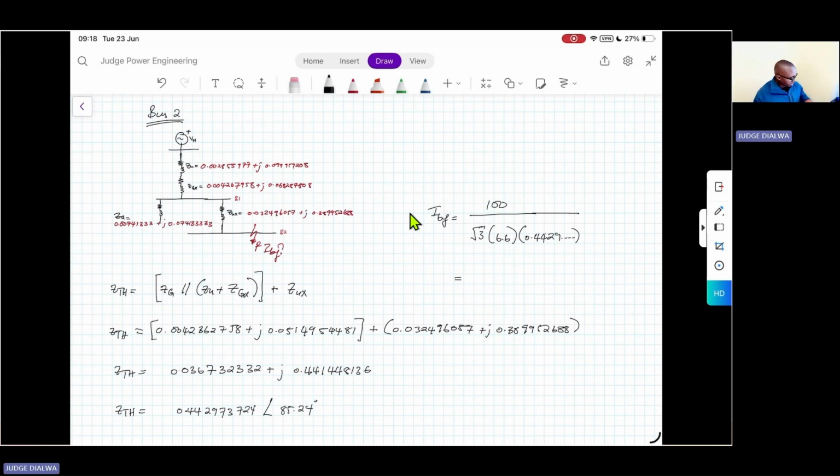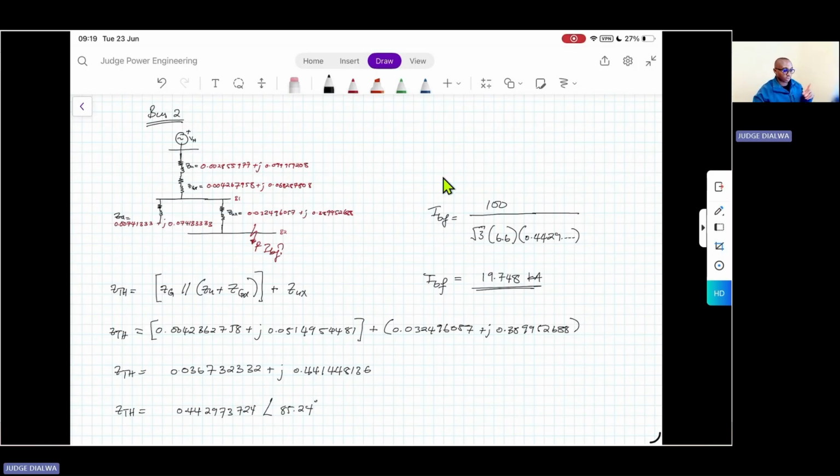If you calculate that, it should give you 19.748 kiloamps. So this is the fault current at bus B2 when we have these four equipment: our utility grid, generator transformer, unit transformer, and our unit generator.